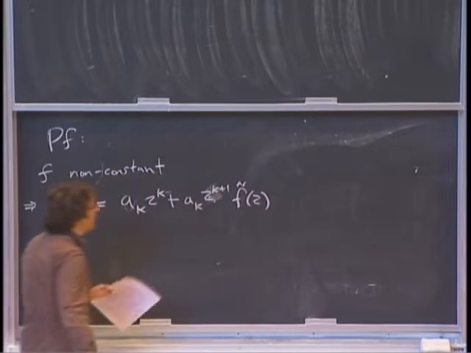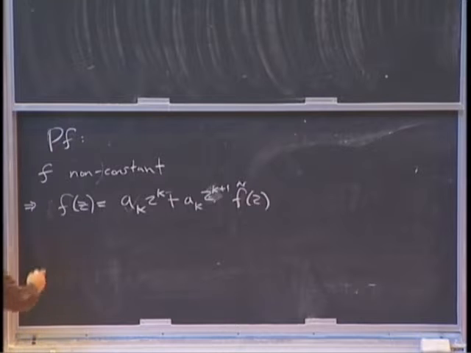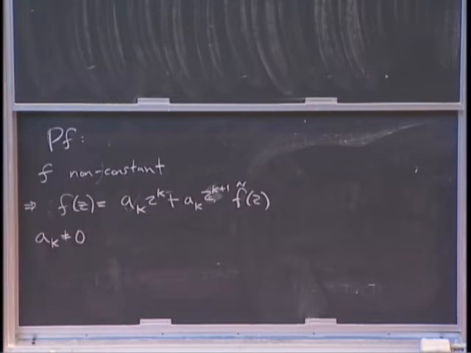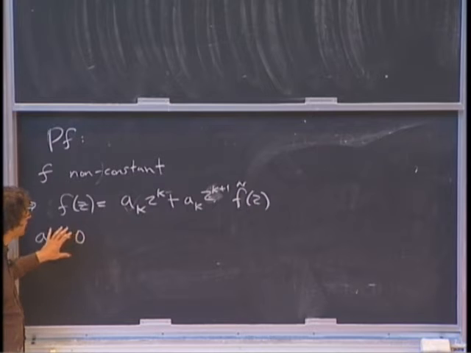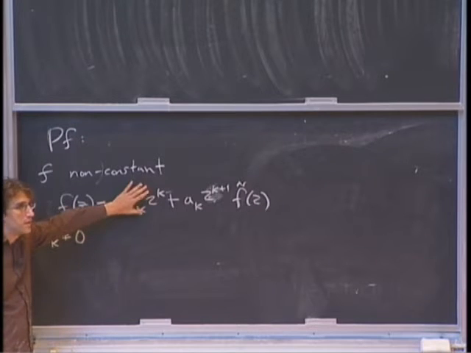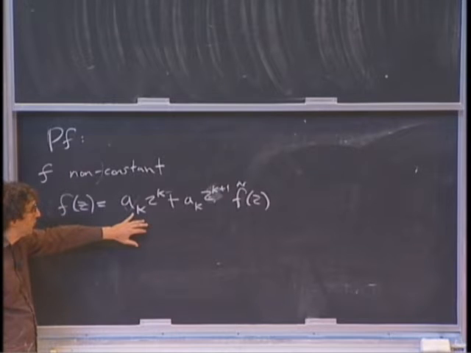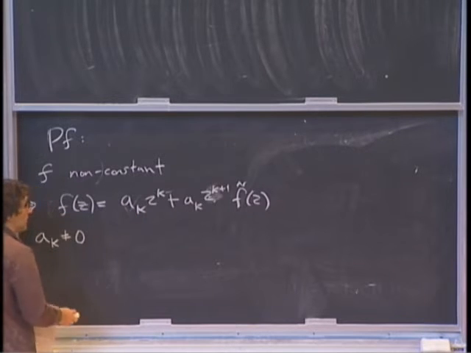Right, this is a kind of Taylor expansion. And the point is a_k is nonzero. Of course, we could do this for smooth functions, except for a smooth function we couldn't ensure that k was finite. So here k is a finite integer.